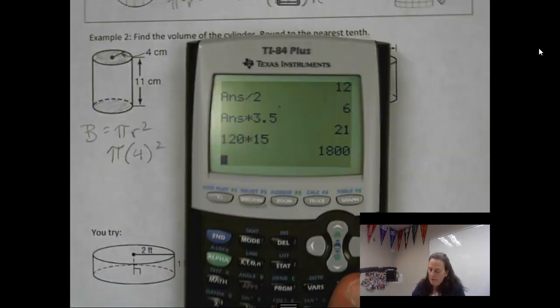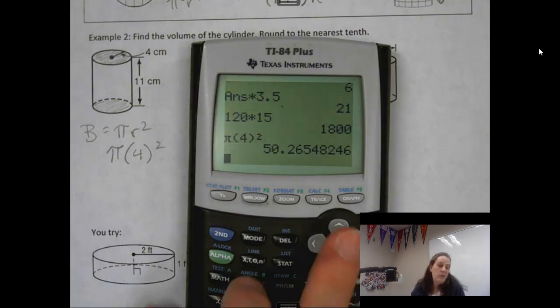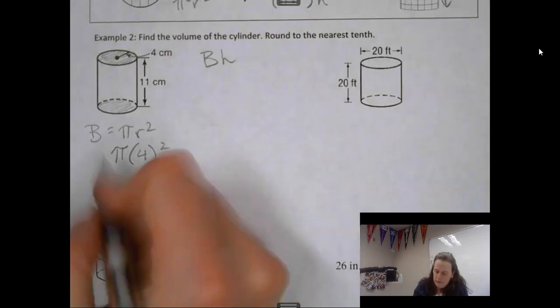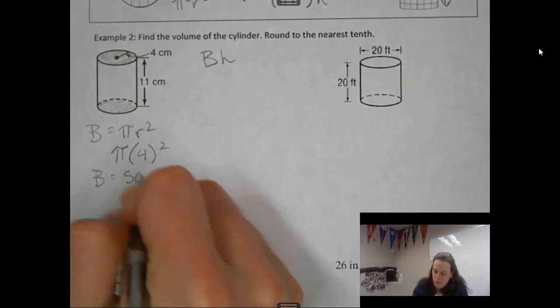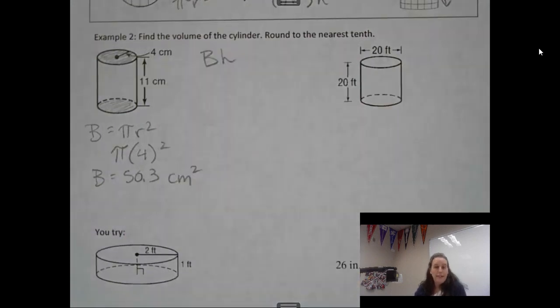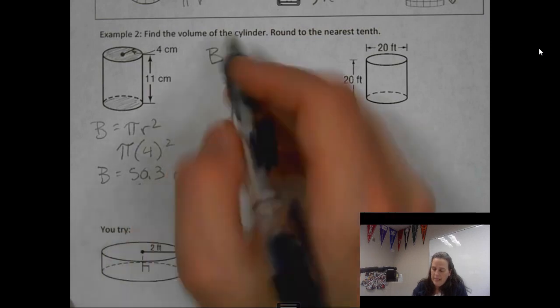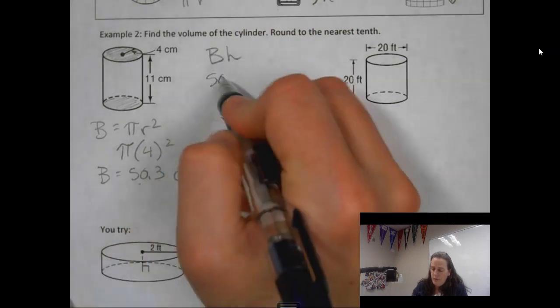Awesome. Let's put that in. Pi times 4 squared, 50.3. We're going to round. 50.3 centimeters squared. That's the area of one of those bases. We're ready to put it back in.